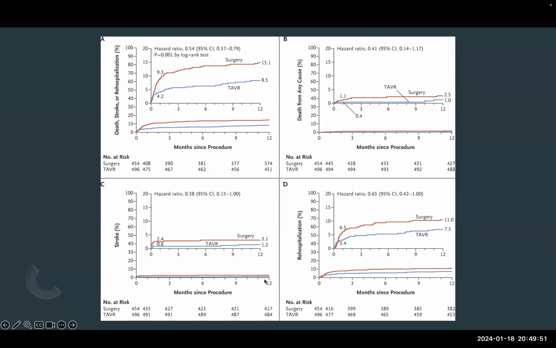And here at 12 months, stroke is 3.1% in surgery. This is a lot to have a stroke, 3.1%. But in TAVR it is 1.2%. And rehospitalization is 11 versus 7.3%. So if you combine all of them, it's a non-inferiority trial, but as you see, it's clearly TAVR is superior to surgery.